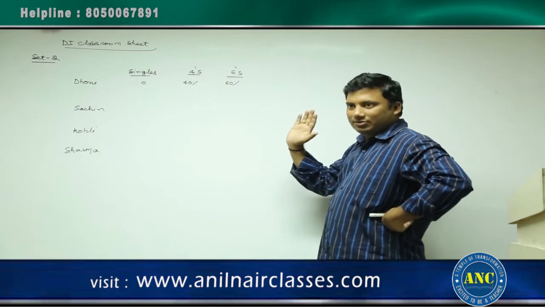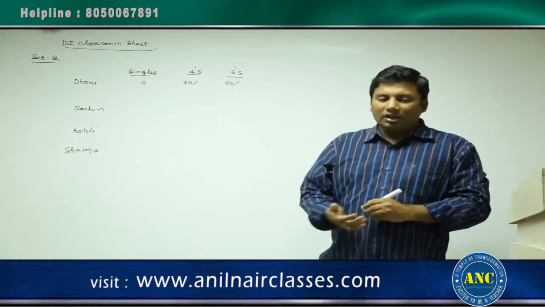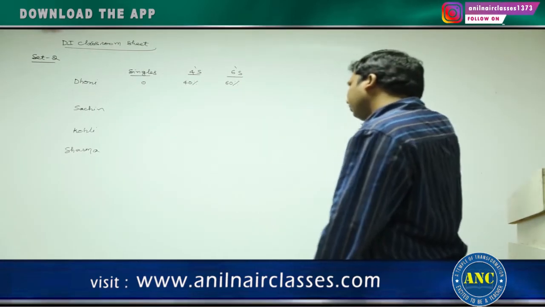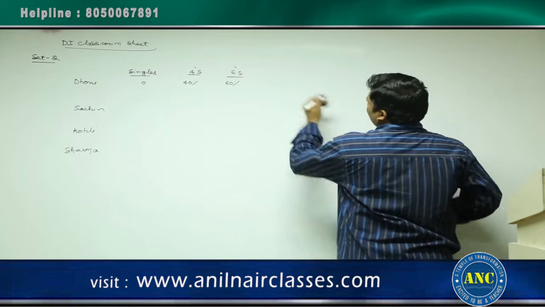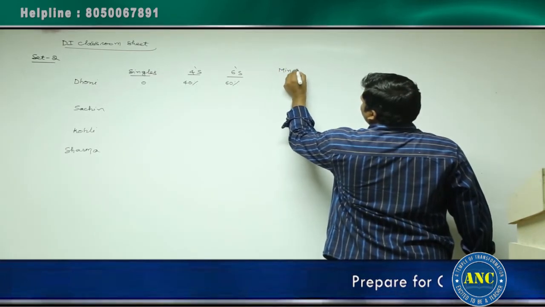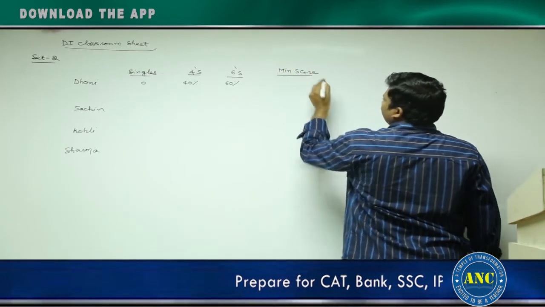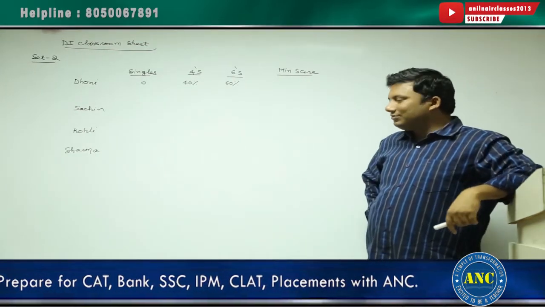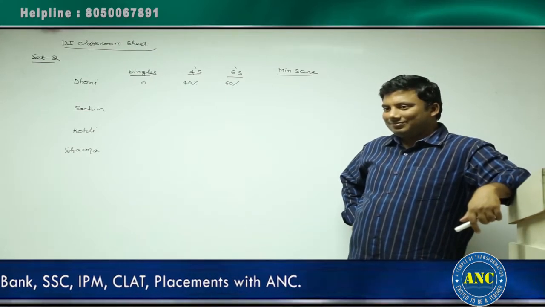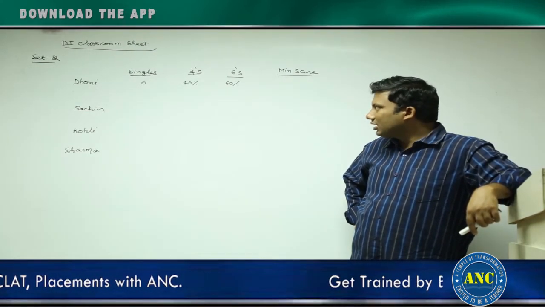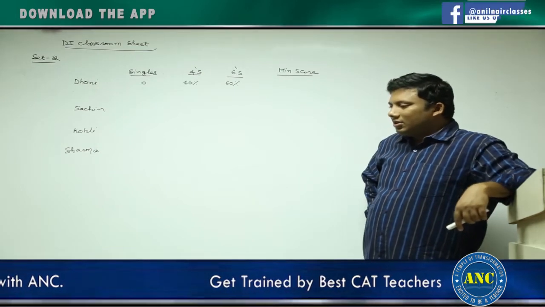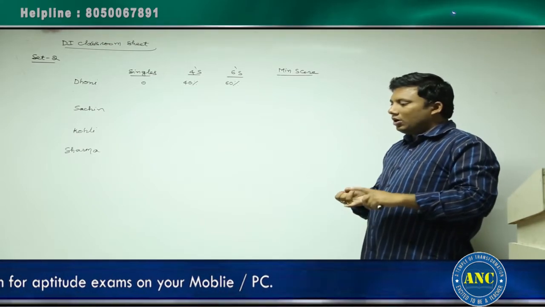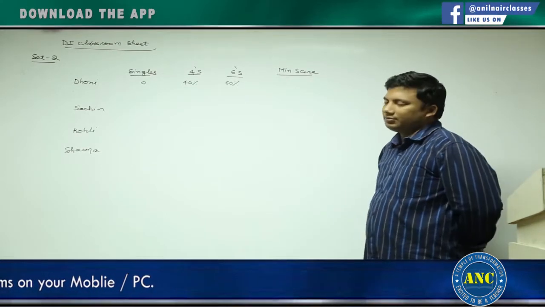We'll write these questions just to understand. First one. If Dhoni scores 100 runs, how many runs will he score using fours? How many runs will he score using sixers?